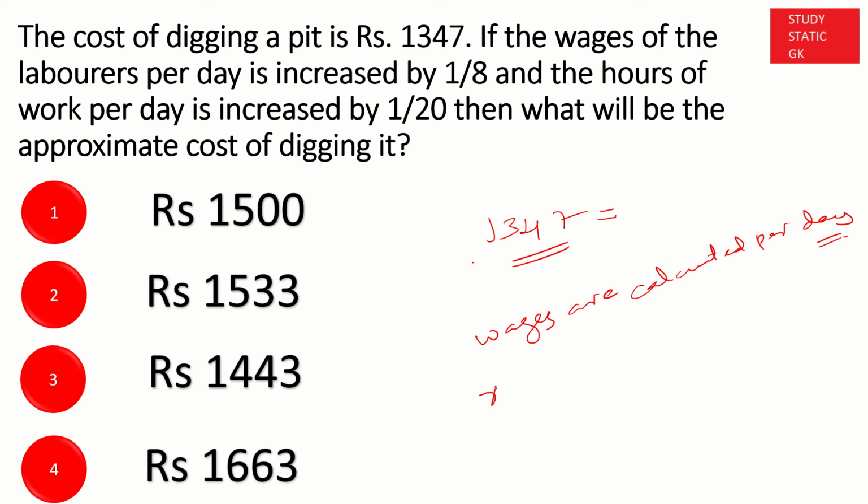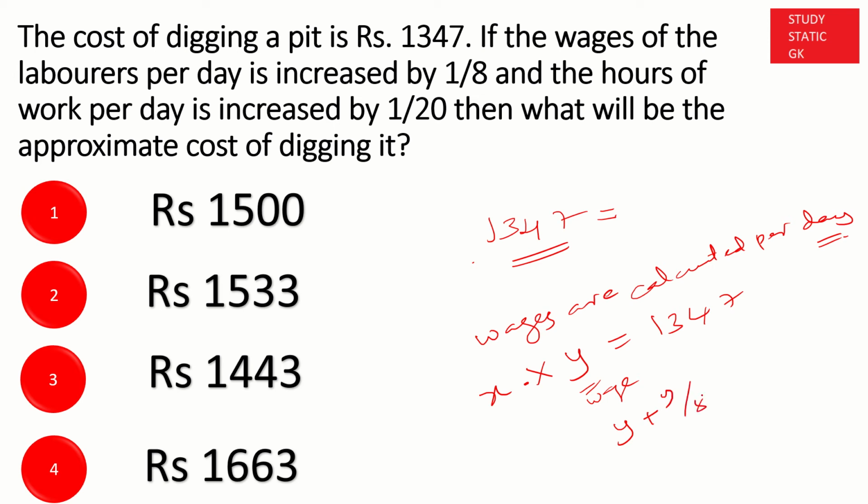So for example, X is the wage per day and Y is the number of days. Then X into Y is equal to 1347. Here wages are increased by 1 by 8.